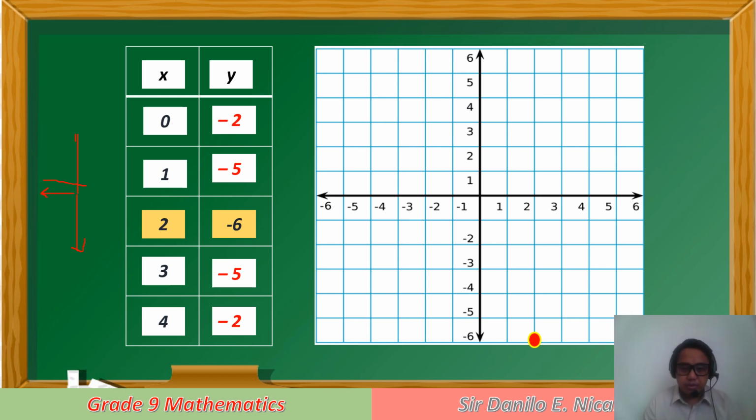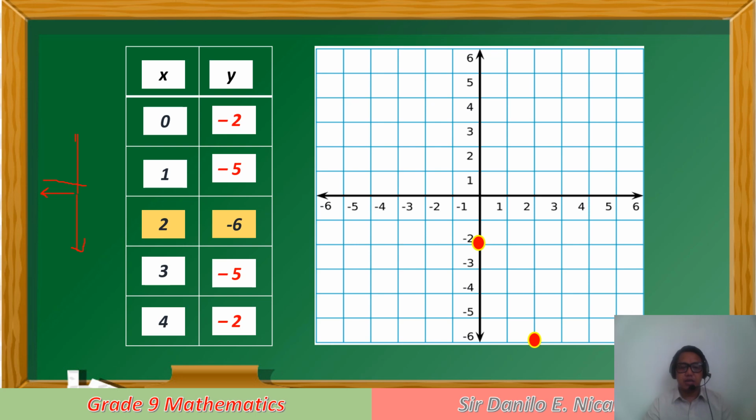Okay. And then the next one will be 0 and negative 2. Tama ba? So, 0, hindi siya magpupunta sa right, hindi rin siya magpupunta sa left. Stay lang siya. And then down lang ng negative 2.